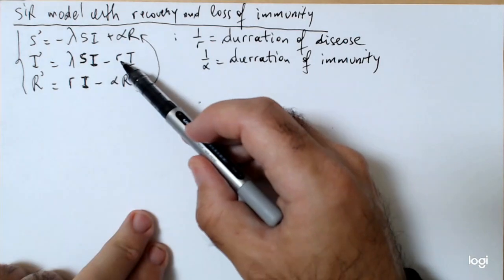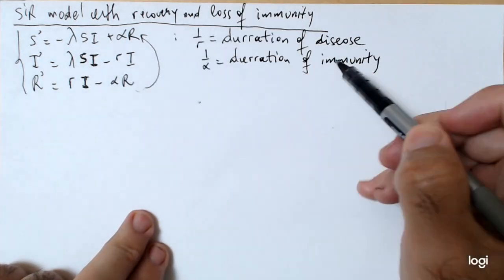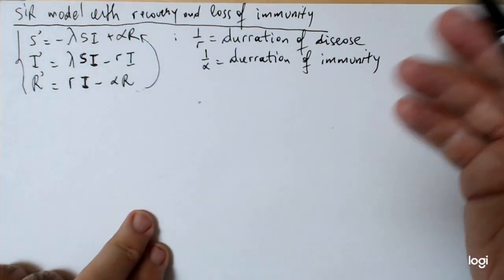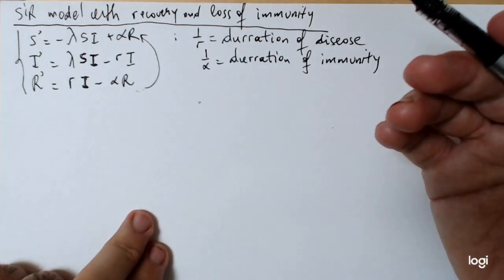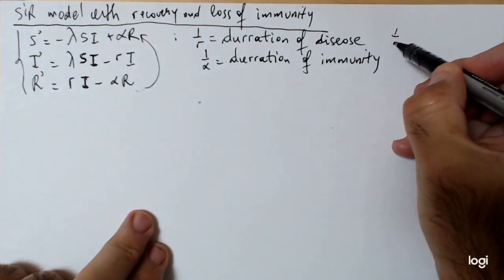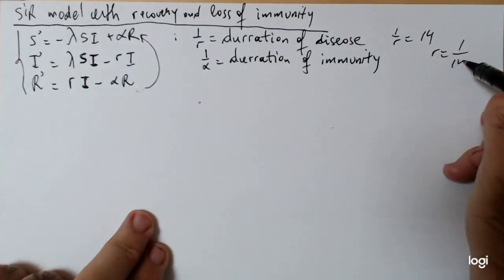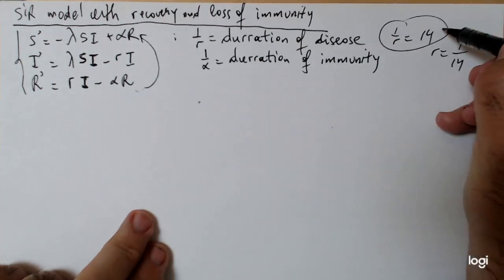The reciprocal of R means the time spent in the I class, so you could call 1 over R the duration of the disease. If you say, for example, that the coronavirus takes 14 days, then you could set 1 over R equals 14, and then you end up with R equals 1 over 14, right? If the duration of the disease is 14 days, let's say.